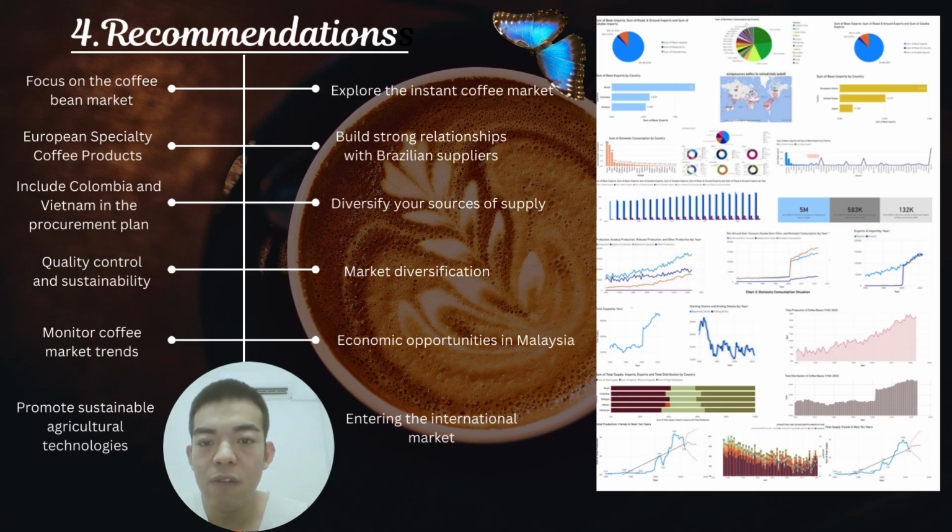Lastly, the evolving consumer preferences, especially toward high quality and organic products, urge us to adapt our market strategies and increase our focus on the instant coffee segment, which shows growing demand. By aligning our strategies with these consumer trends and enhancing our international cooperation, we can ensure the coffee industry's robust global presence and continued economic impact.